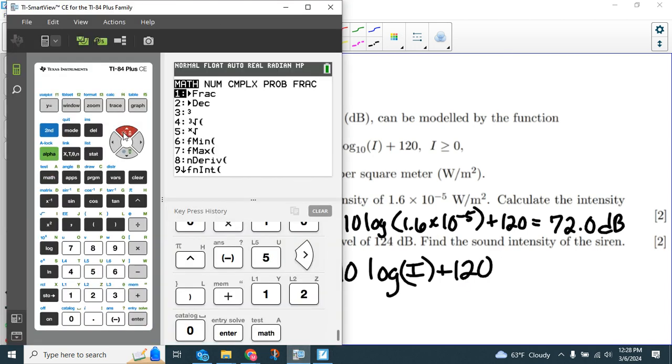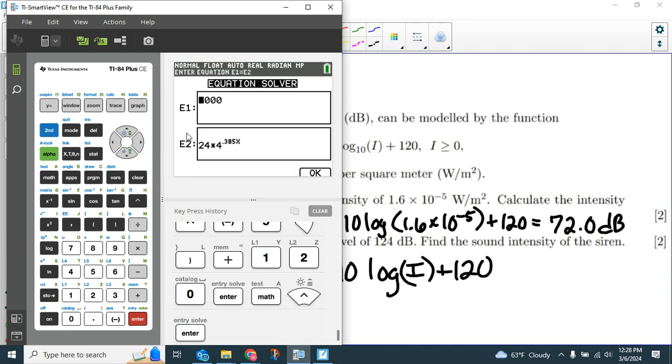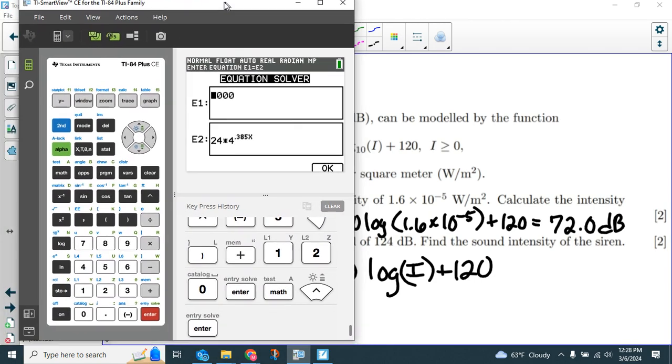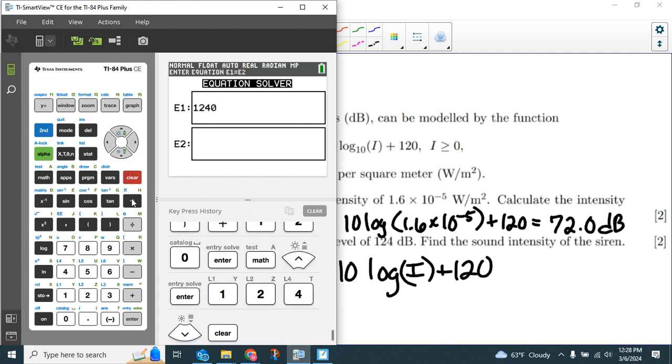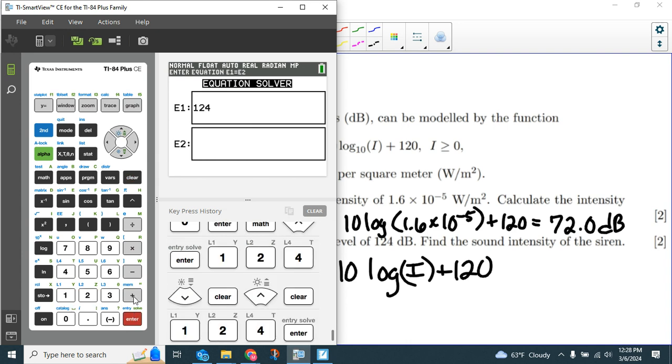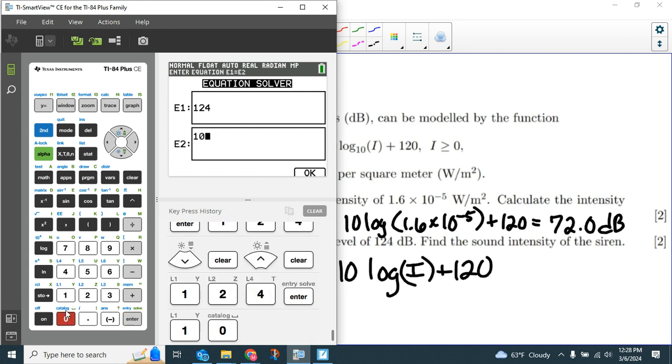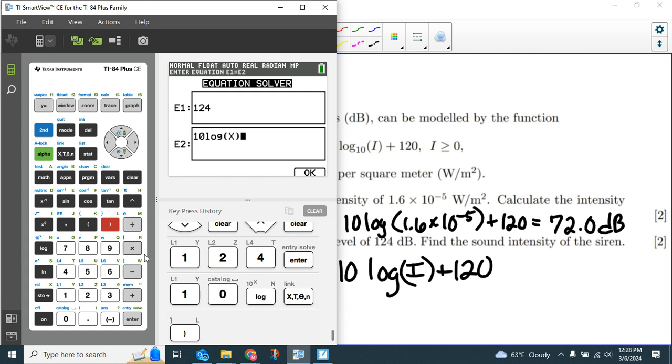So math up for numeric solver. On my left-hand side, I have 124. On the right-hand side, we have 10 times the log of my variable, which in this case I always have to use x, plus 120.